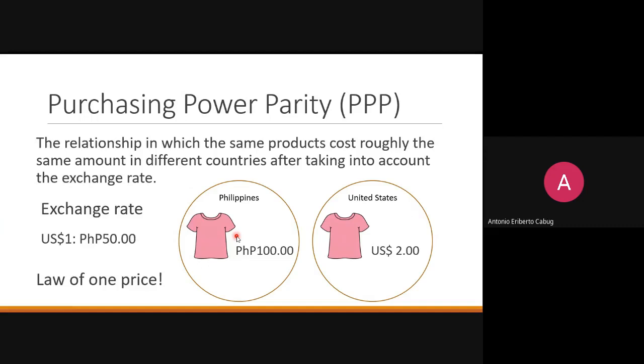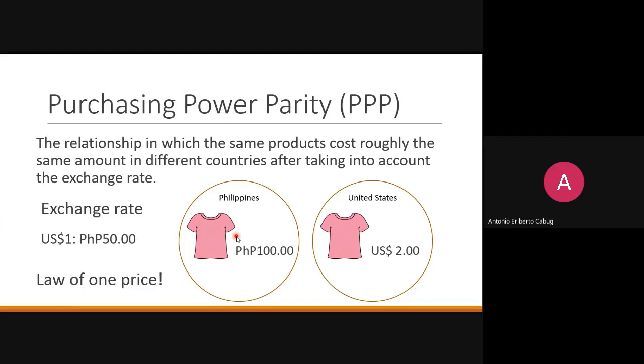Convert one currency to another, the price would be the same. In theory, this should be true. However, in practice, this is not necessarily true. Okay? I'm going to talk about the reasoning why this should be true later on.